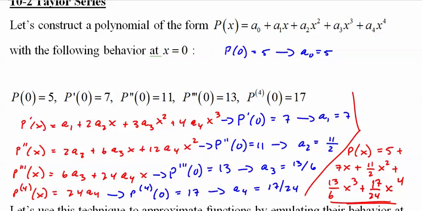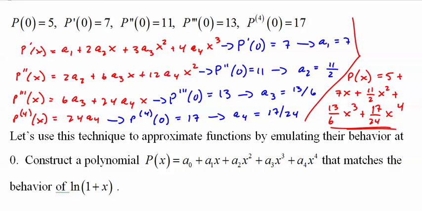So we can, using derivatives and the values we know at x equals 0, create a polynomial. This is a fourth degree polynomial.